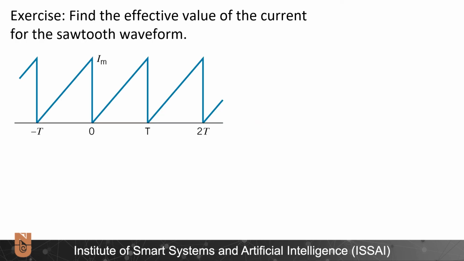Alright, previously for this circuit we found the average power in one period, and now we will find the effective value.